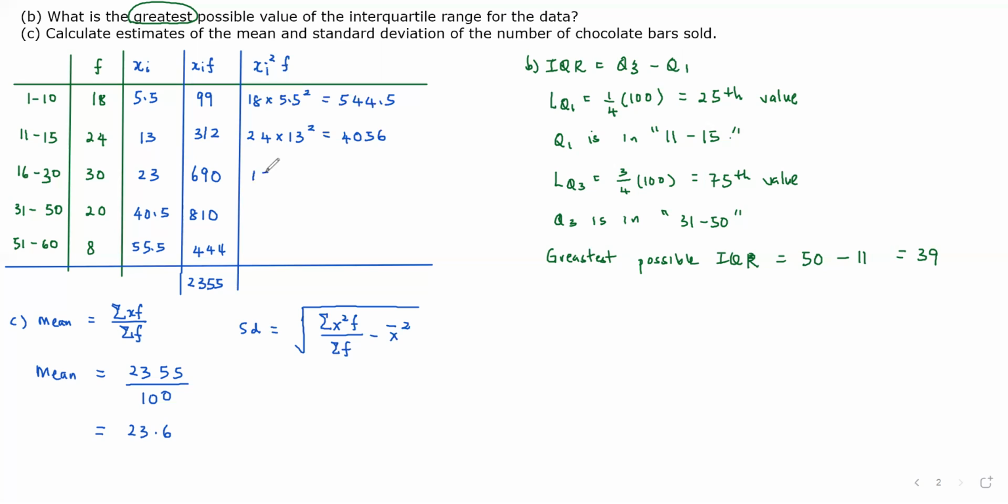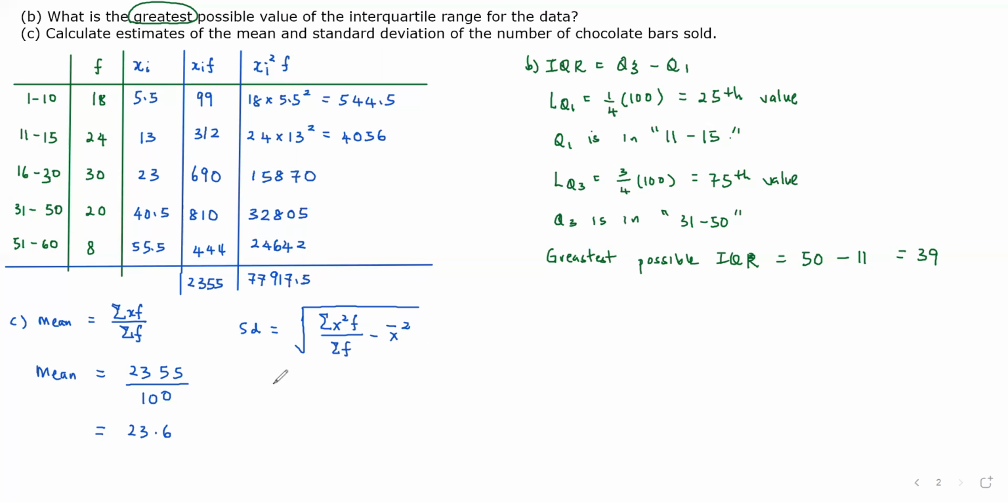The third has a value of 15870. The fourth has a value of 32805. And the last class has a value of 24642. Add all these and you get 77,917.5.